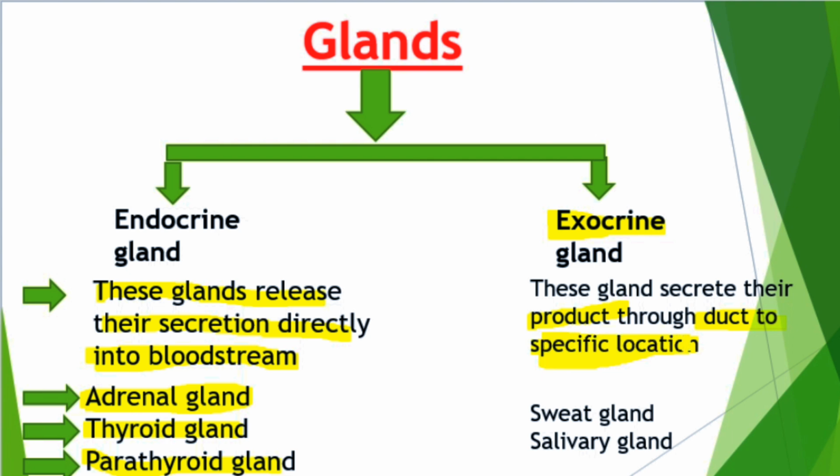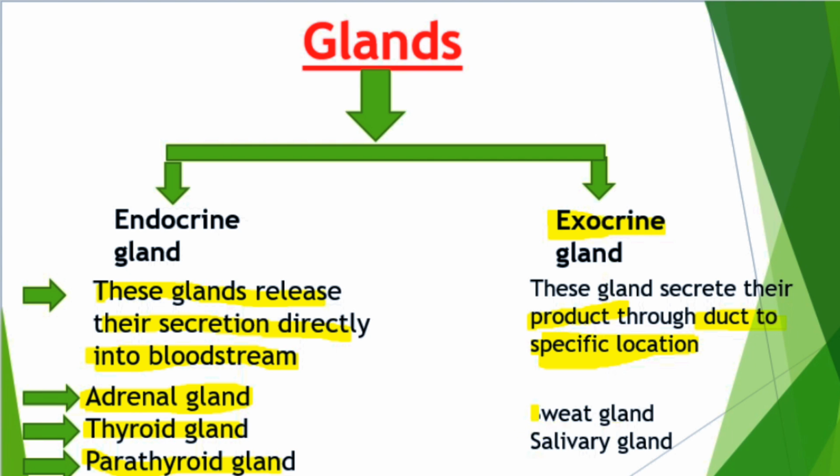Such glands are called exocrine glands. Exocrine glands are also known as ducted glands because a duct is present. When these glands secrete their product, it moves through the duct to its specific destination. That's why it is called a ducted gland.